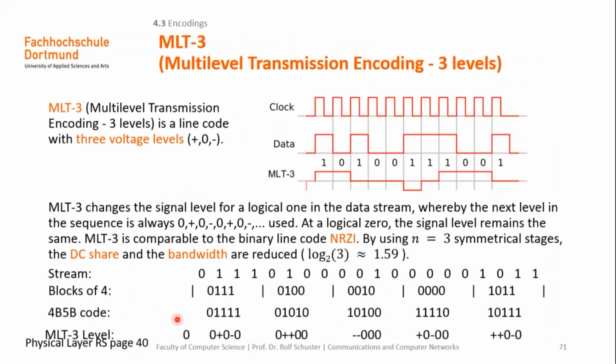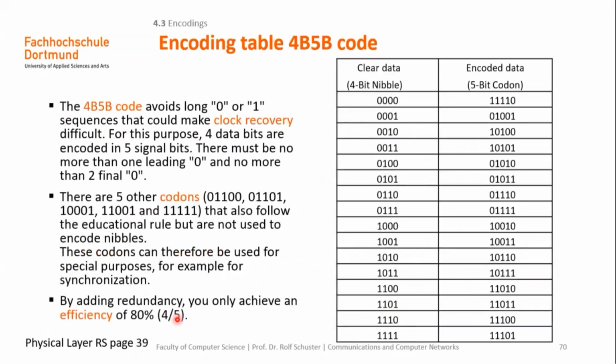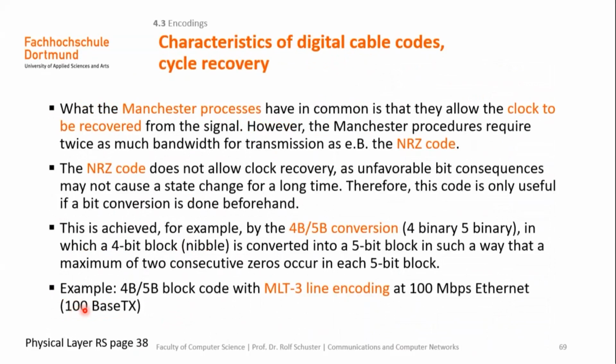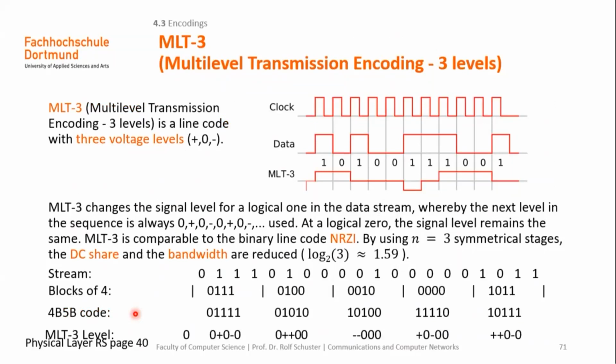In the case of, for instance, the coding used by 100BASE-TX, we could use the combination of 4B/5B with this multi-level transmission encoding that uses 3 levels. The MLT-3 multi-level transmission encoding is a line code with 3 voltage levels: a positive voltage, 0, and a negative voltage.